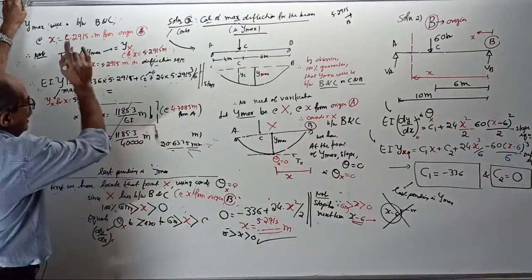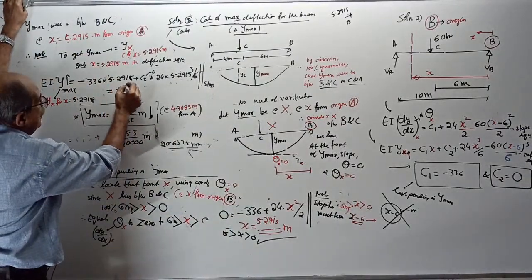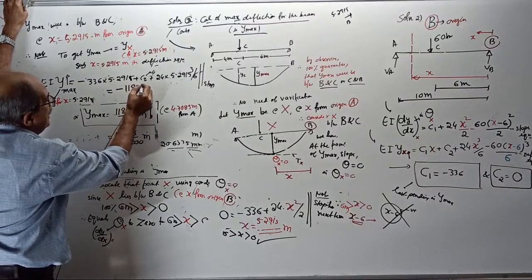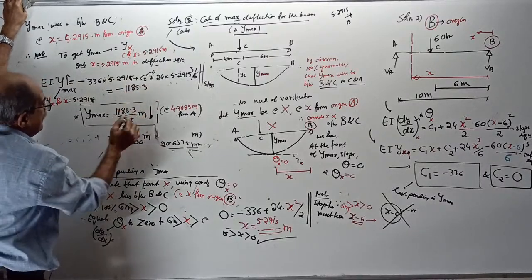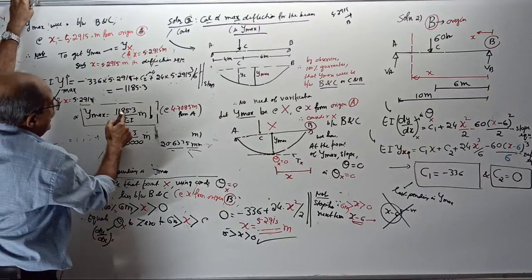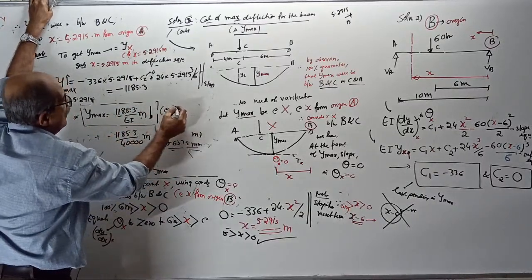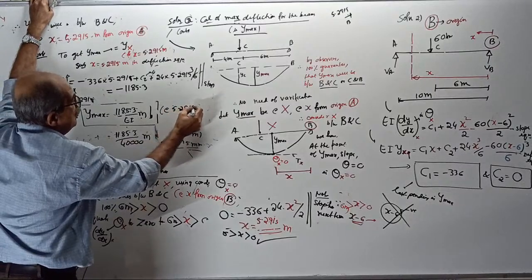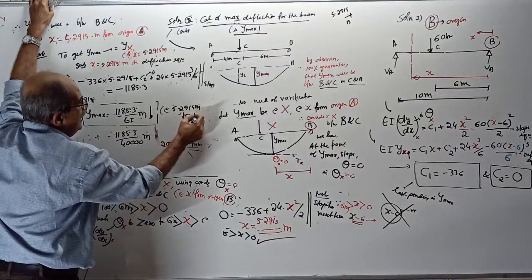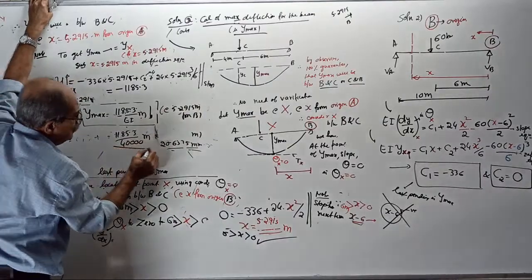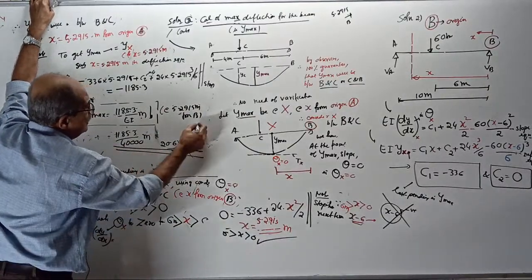Answer 100% minus 1185.3. Therefore, Y max equal to 1185.3 by EI meter at what distance? 5.2915 meter from B. This is the usual calculation. Carry out, you get the answer.